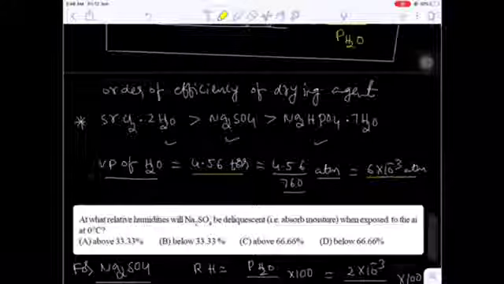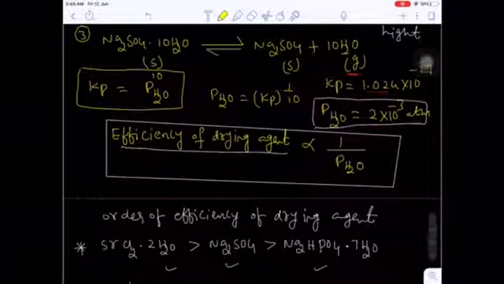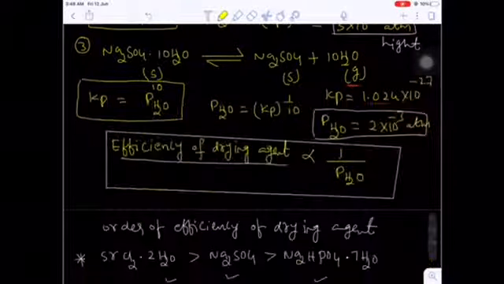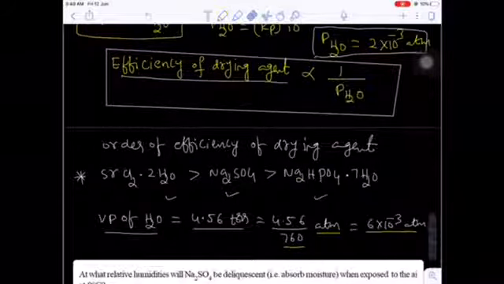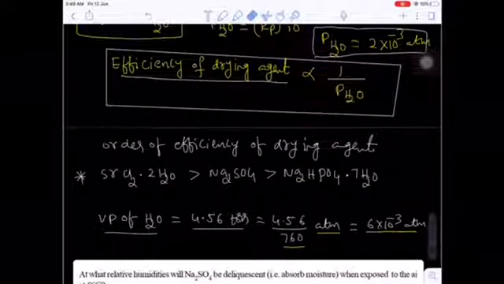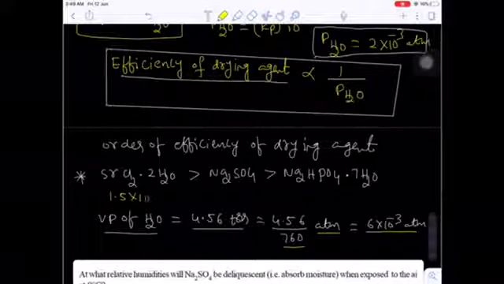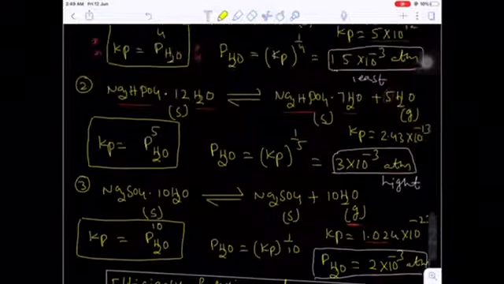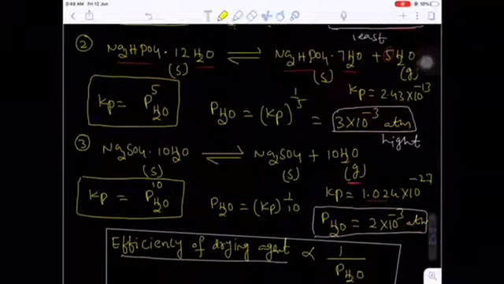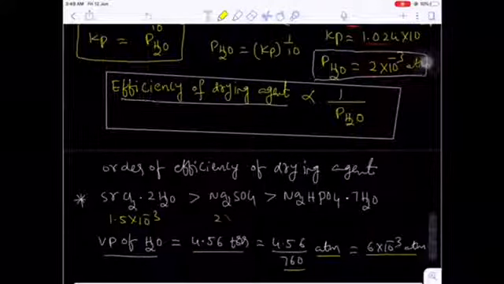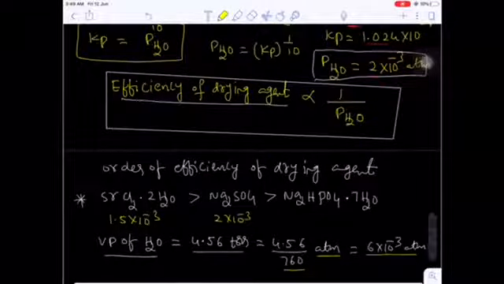Now here, in all these 3 cases, you see the partial pressure: SrCl2, I am writing the value here, 1.5 into 10 raised to minus 3. Now sodium sulfate, 2 into 10 raised to minus 3.